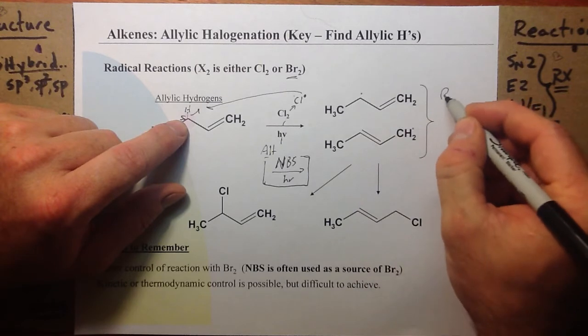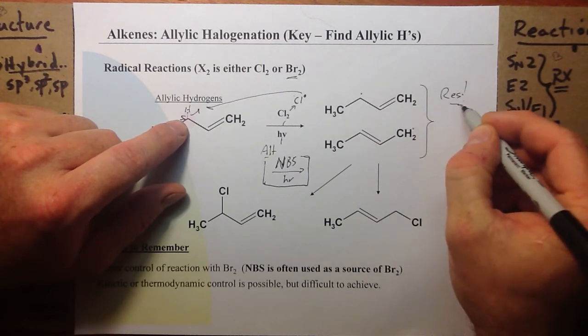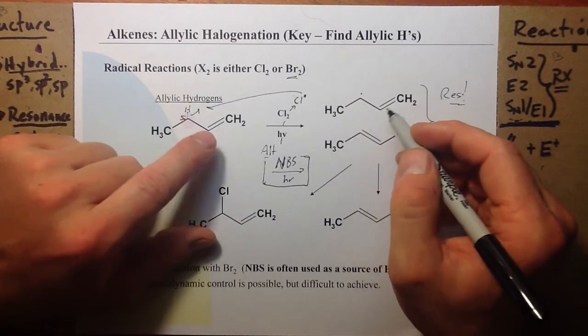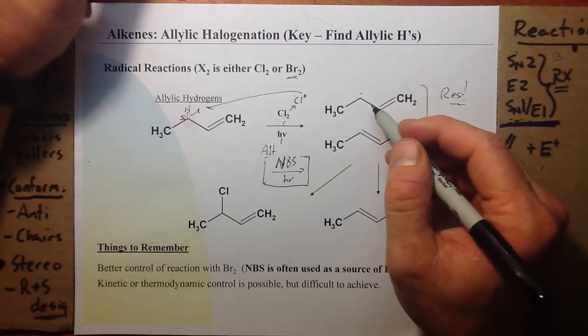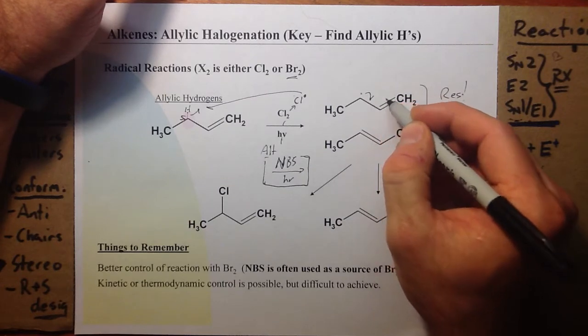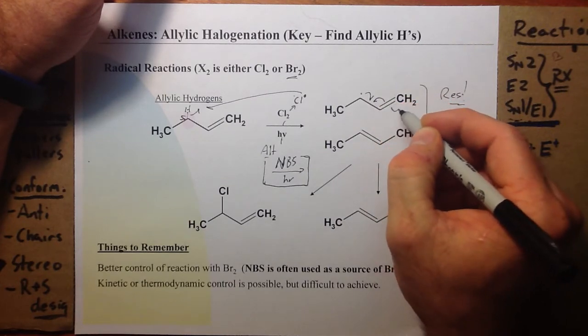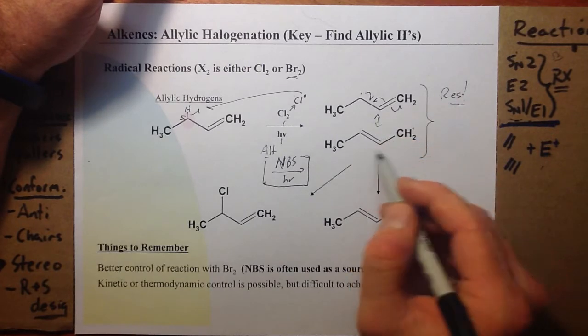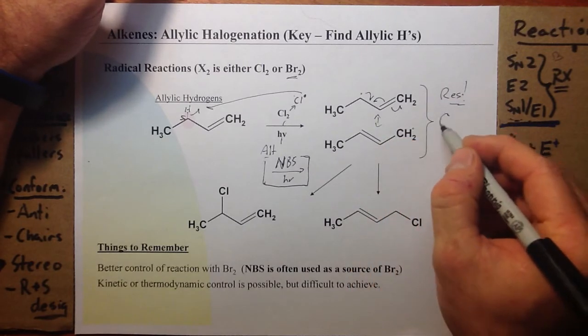Why is that important? Because we have resonance, delocalization of a radical next to a pi bond. Not on a pi bond, but next to. So we can have a half arrow, just to show the resonance form. We can see how these two are indeed resonance forms.